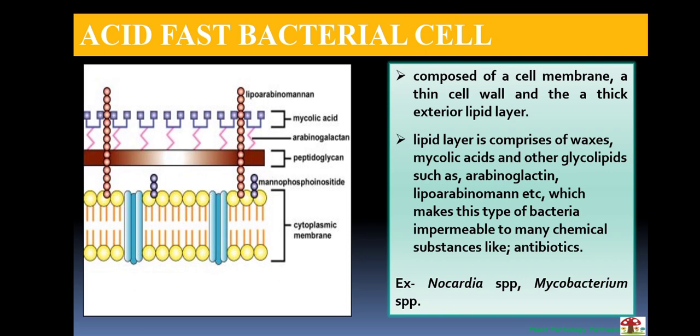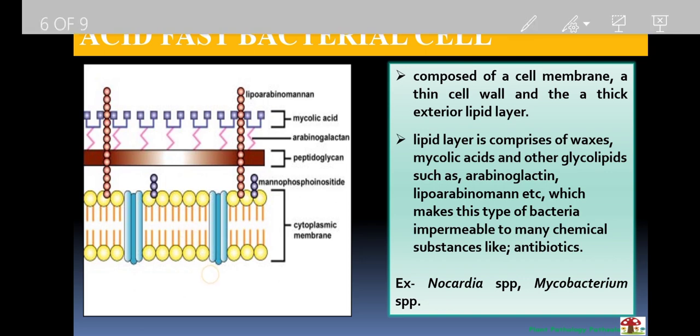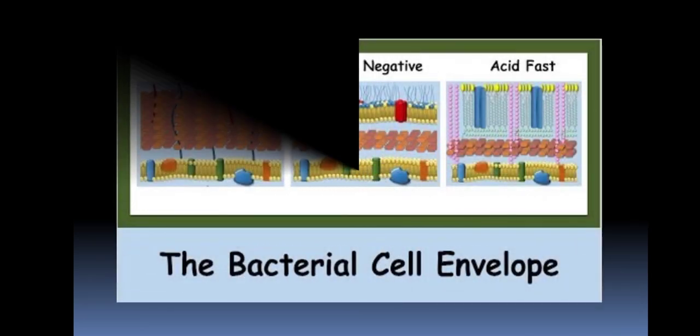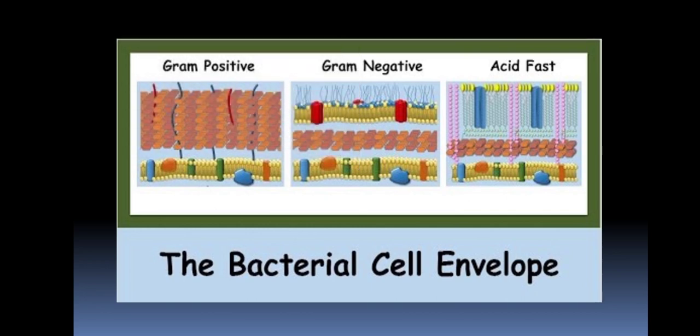So in acid-fast bacteria, a cytoplasmic membrane is there, then a thin layer of cell wall, that is a thin layer of peptidoglycan, is there, and a different lipid layer is there exterior to the cell wall. So now you are clear about the cell envelope present in different classes of bacteria. In gram-positive, one cell membrane is there and a thick layer of peptidoglycan, or thick cell wall, is there.